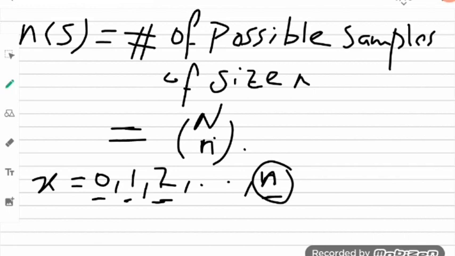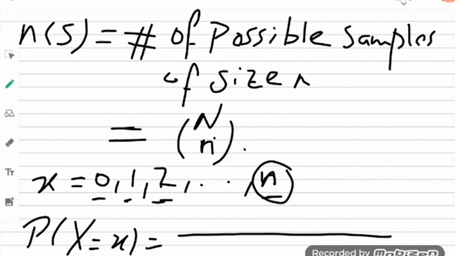If we try to develop the probability distribution here, the probability that X equals a certain number x is a kind of ordinary probability problem. We divide the total number that satisfy the event X by the total number of the sample space. The denominator here is known to be N choose n. We already know that.